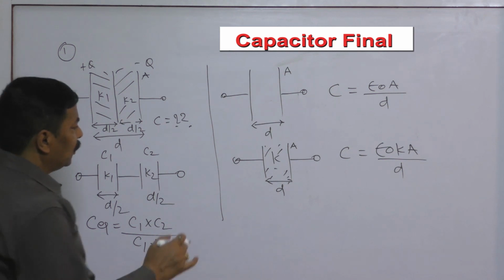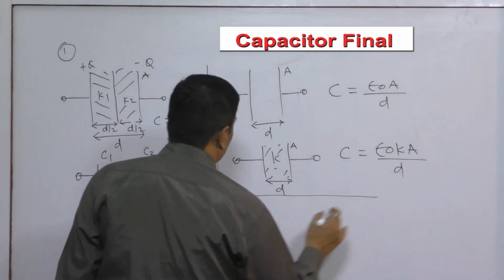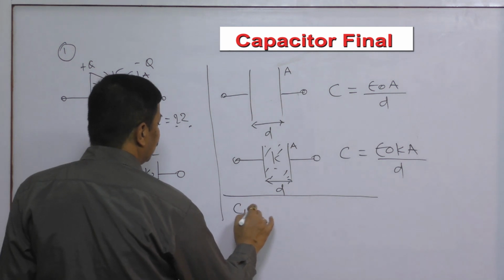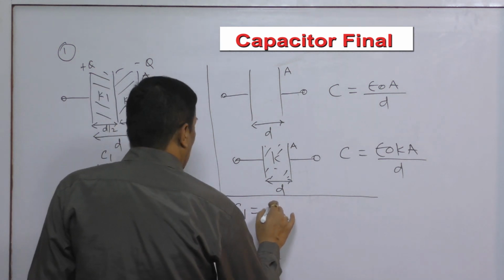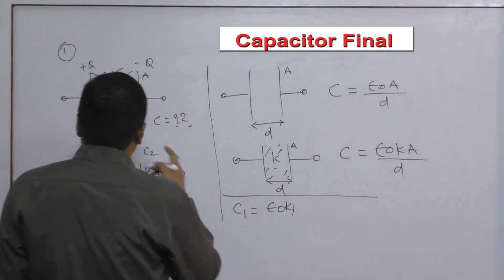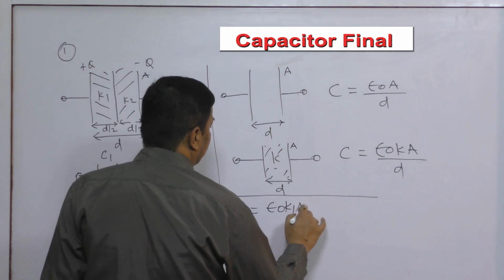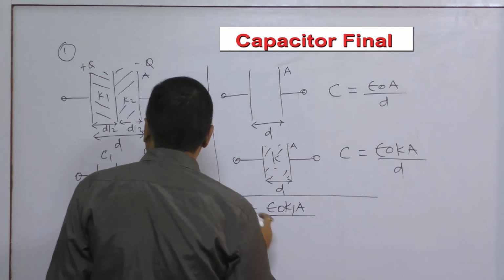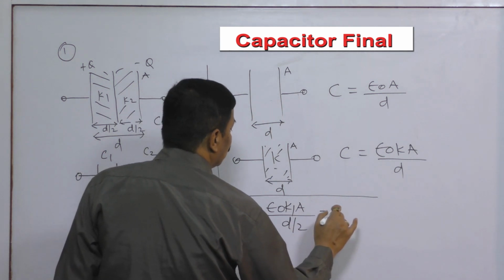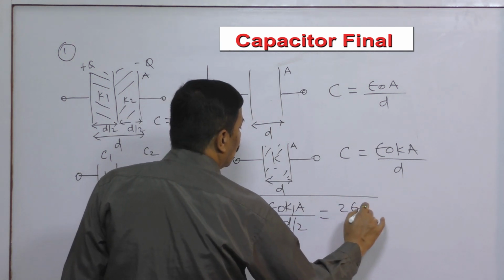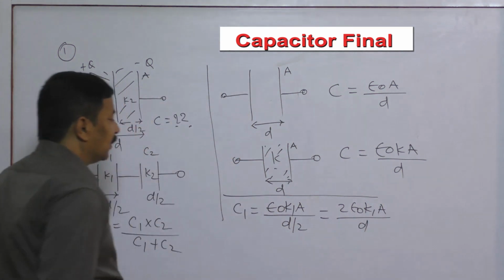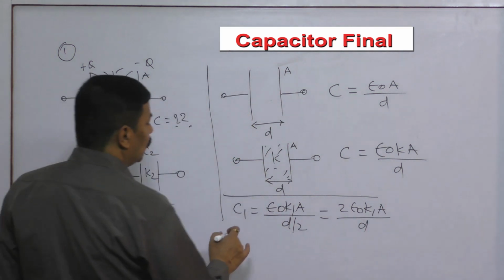Now try to understand what will be the value of C1. C1 is equal to epsilon naught K1, area remains the same A, by distance between the plates D by 2. So it is 2 epsilon naught K1 A by D. This is C1. What is C2?